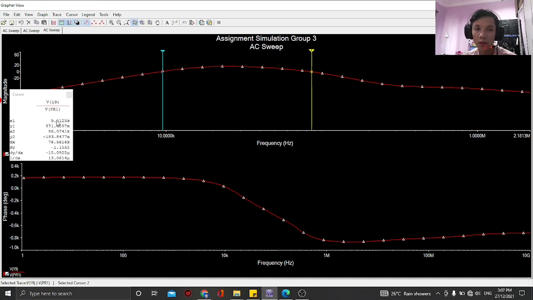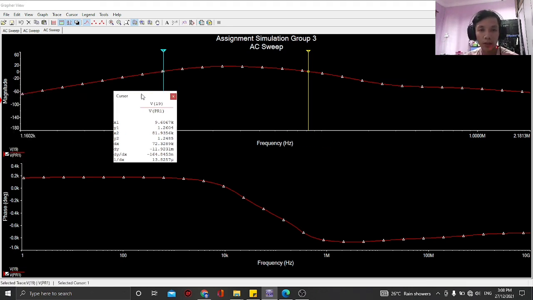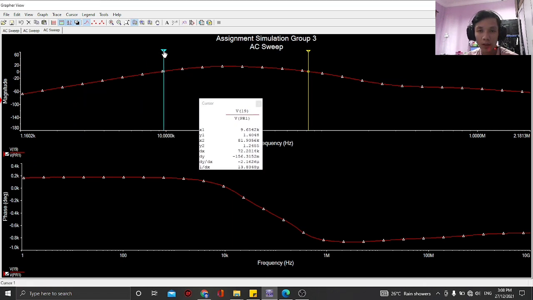For the frequency we adjust it, and the cursor level we adjust to 1.2 dB, and it is almost the same. So for the low cutoff, we add the data level at the cursor.